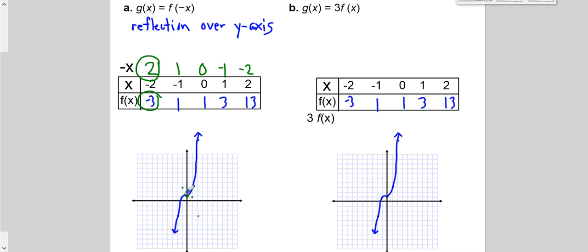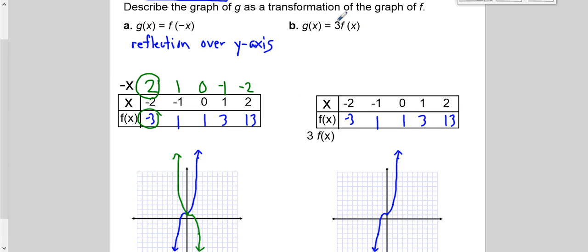And negative 2 with 13. So it flipped over the y-axis. There it is. It's a reflection over the y-axis.